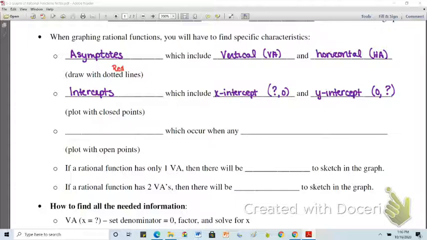Finally, the last thing we're going to look for are holes. These occur when any factors cancel out, and on our graph they will be graphed with an open circle. If a rational function has one vertical asymptote, my graph will be in two parts. Sometimes it will have two vertical asymptotes, which means my graph will be in three parts.